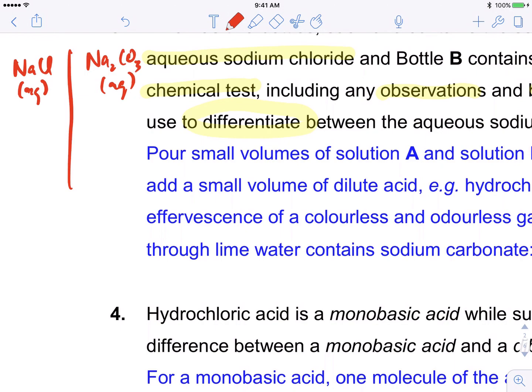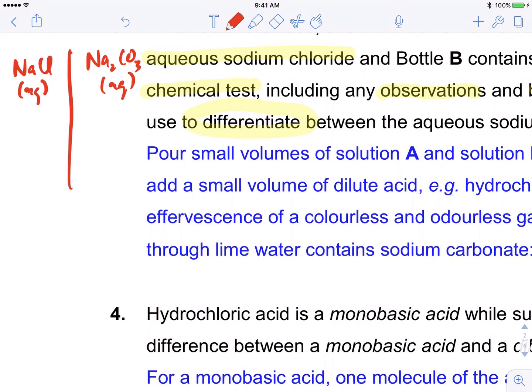First off, their state, they are both in aqueous state, so you know it can't be something like filtration. It can't be based on the state to determine who they are. Then you know that they are both sodium salts, so it definitely cannot be a reaction that involves sodium.